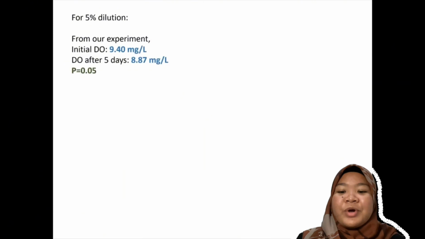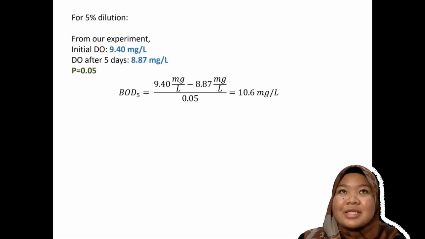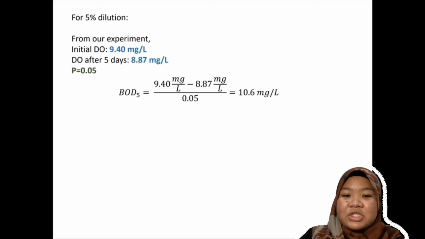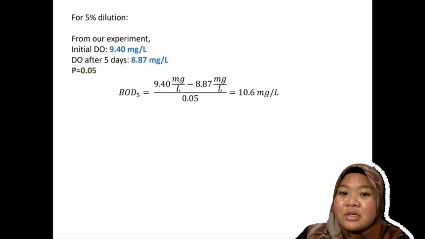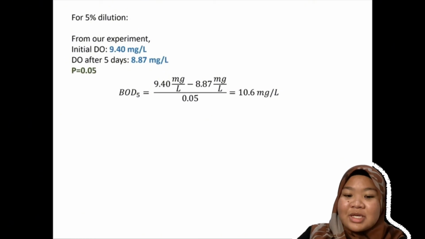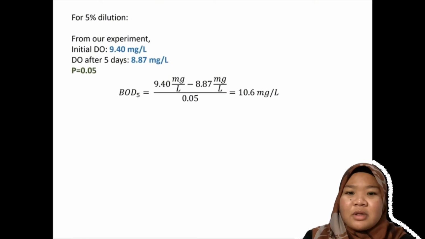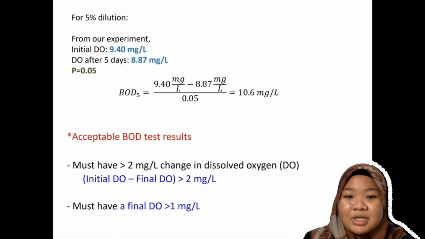Then, our initial DO is 9.4 mg/L, while after 5 days, known as the final DO, we will get 8.87 mg/L. After using the formula, we will get 10.6 mg/L. However, there are rules that we need to follow to get acceptable results.